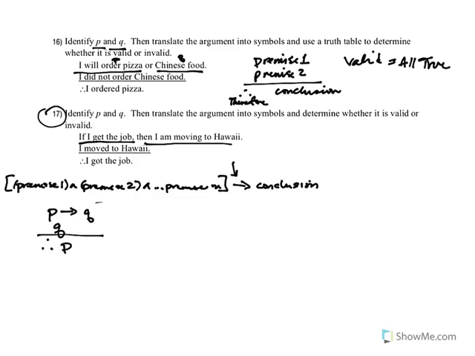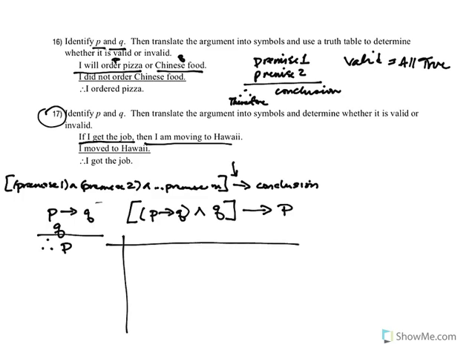So then we also need to set it up into the form of the conditional statement. So what does that look like? It looks like premise 1 and premise 2, conditional P. So we want to do our truth table for this. You should pause the video and complete the truth table for this, and then start it again when you finish to check it.